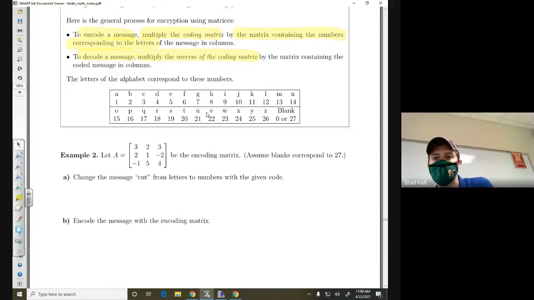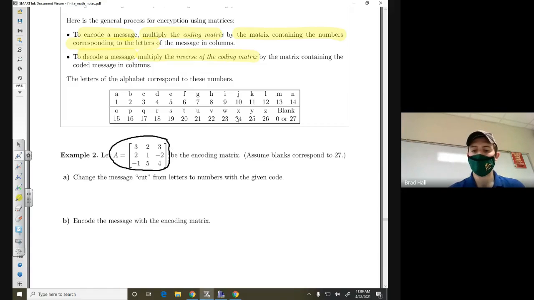So let's see this process because it's best seen in action. Now they give us a matrix and they call it the encoding matrix. Encoding means the matrix that we will use to disguise something. We want to send the message cut, but we want to disguise this message before we send it.